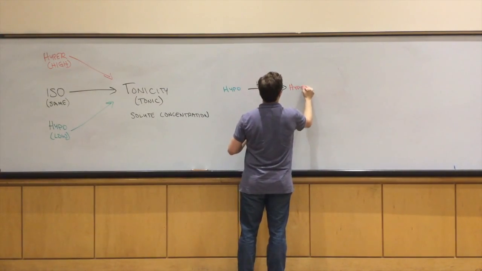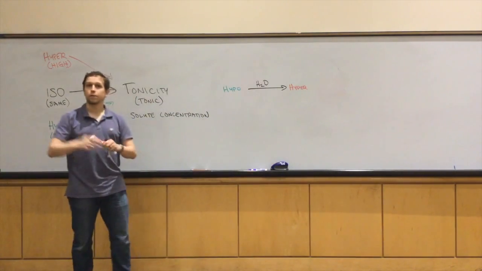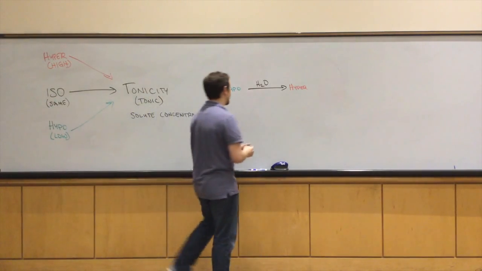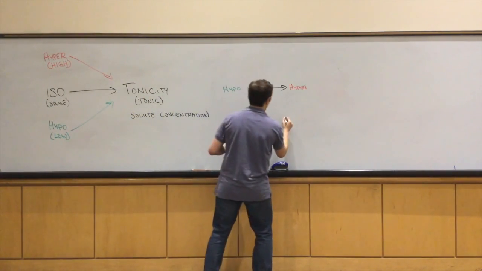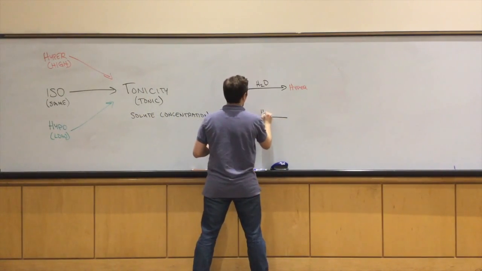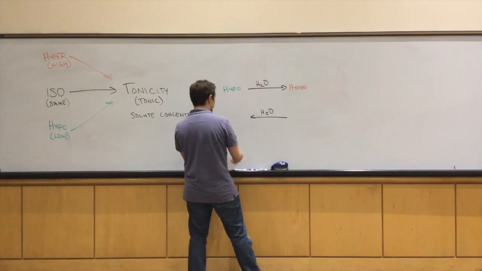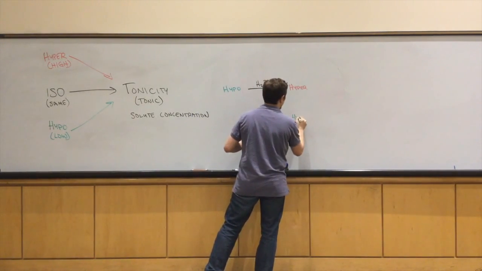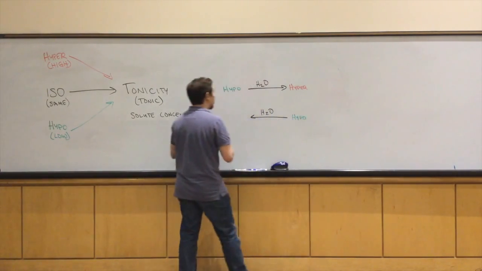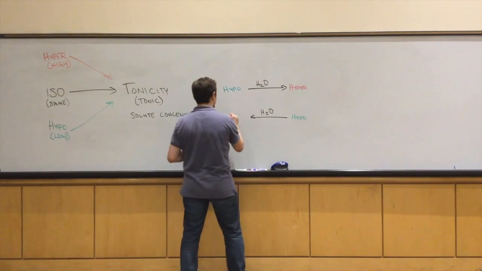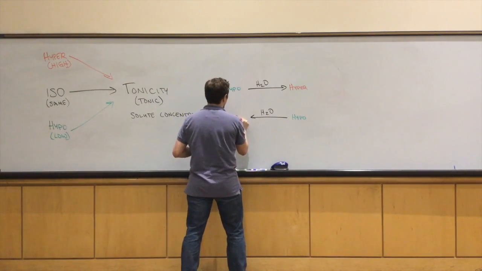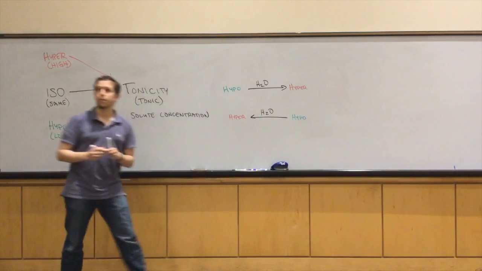And it doesn't matter if the arrow is going one way or another. If water is moving in a single direction, that is, osmosis is only occurring in one direction, that water is always moving from the hypotonic solution towards the hypertonic. And I'll justify to you why this is when we get into one of the later experiments.